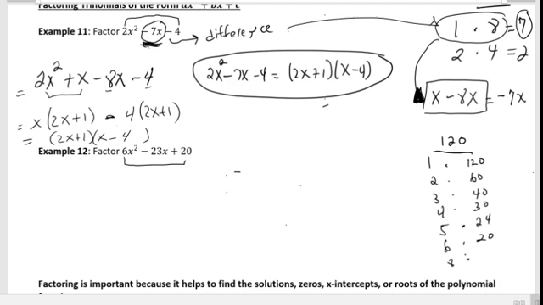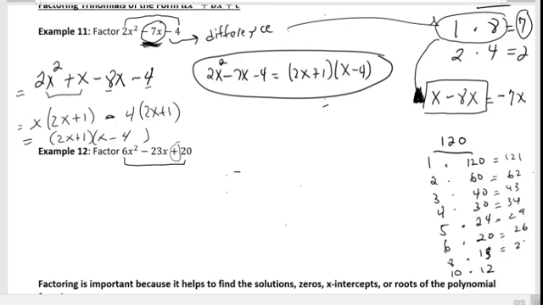8 times 15, and then we get 10 times 12. Okay, so what we're looking for is the sum. So if we add 2 of these, which will give us a 23.